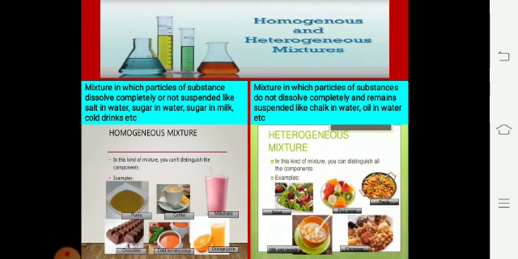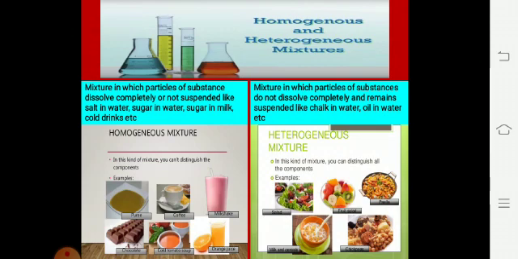Now our mixture has been classified into two types. So we have two types of mixture: homogeneous mixture and heterogeneous mixture. So let's discuss the definition of homogeneous mixture and heterogeneous mixture. First we take homogeneous mixture.